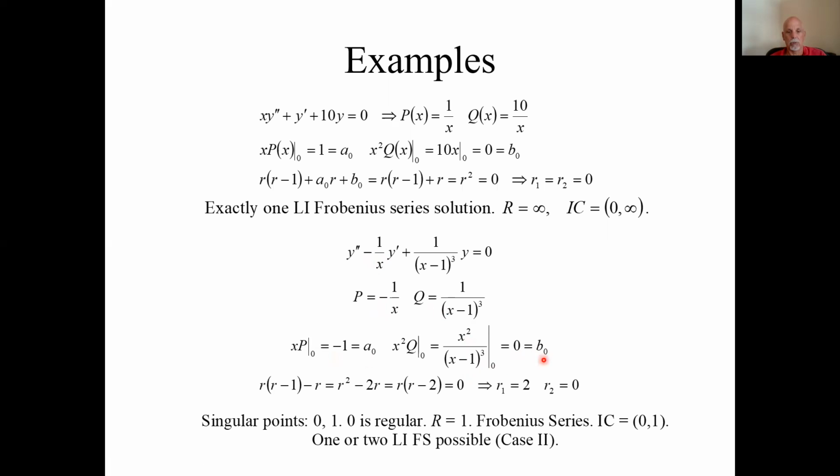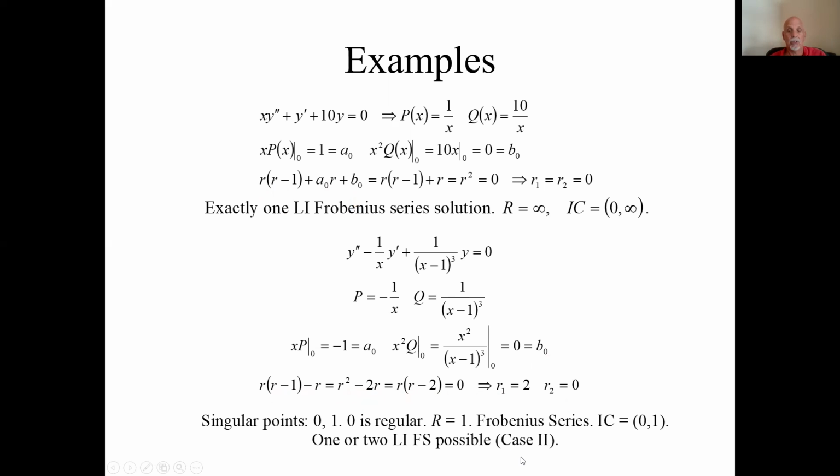So b0 equals 0. Plug it into this formula again. It says the roots are 0 and 2. Those roots differ by an integer other than 0.